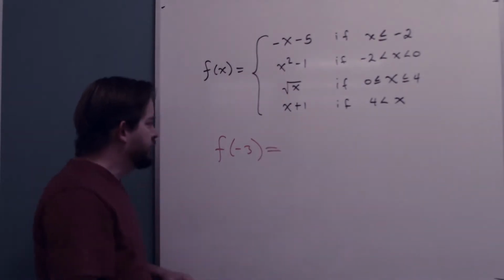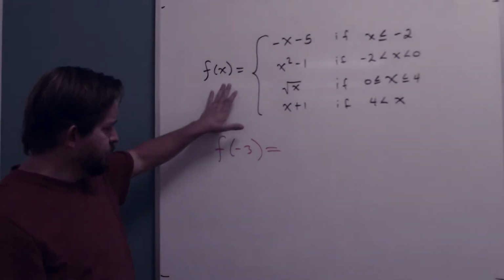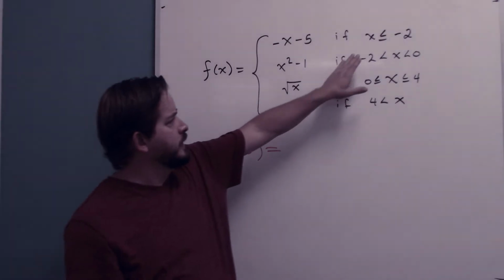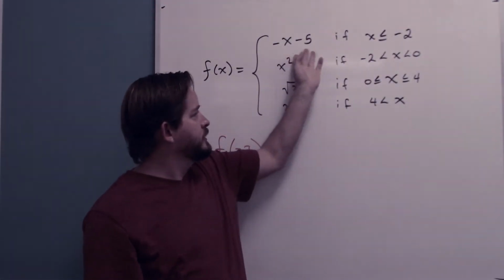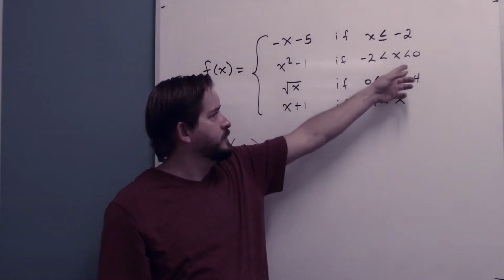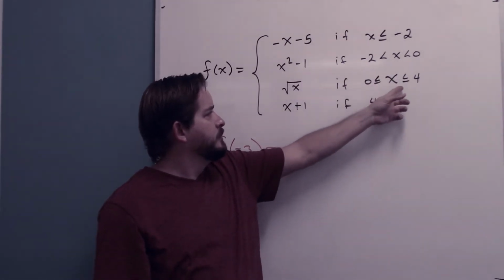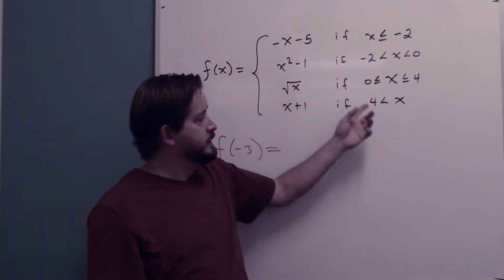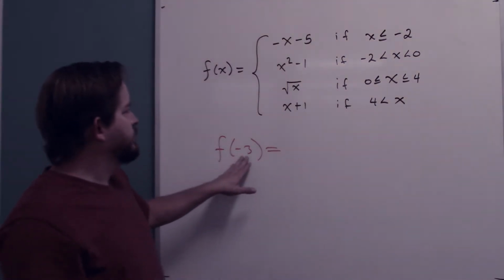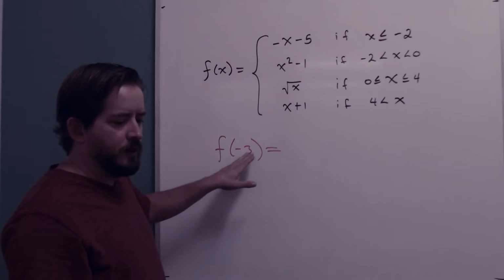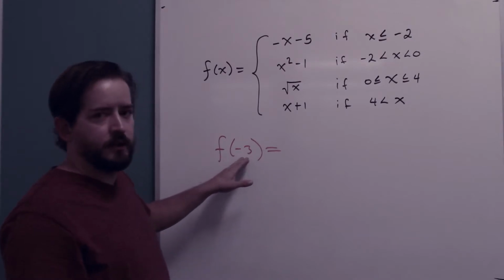So the function is defined on intervals, right? The interval where x is less than -2 is one function. When x is between -2 and 0, it's another function. Between 0 and 4 is a third function, and then another one. So we have to start by finding where this x value lies.